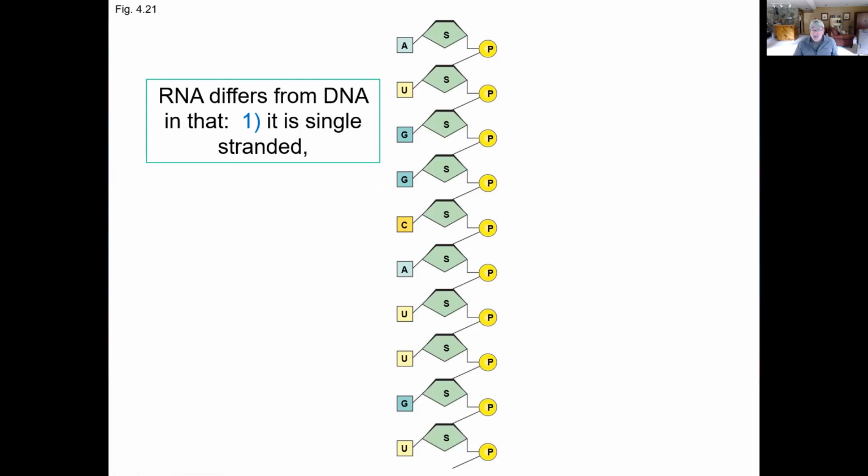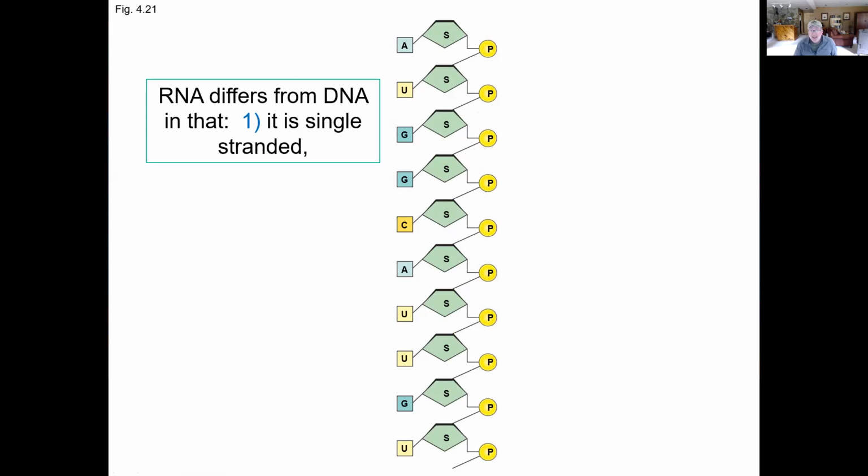The other thing that you note is that RNA is not double-stranded. It's single-stranded. So we're looking here at a polynucleotide of RNA, sugar phosphate backbone, okay? But we don't have any complementary base pairing rules applying here, do we? Because it's single-stranded.